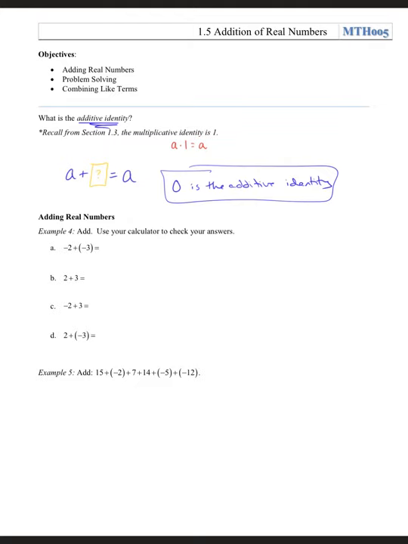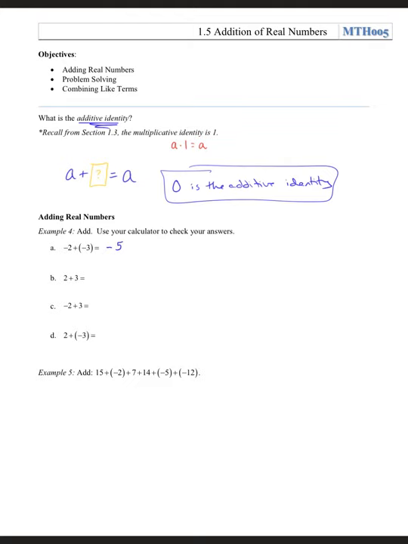So example 4, add. And we say use your calculators to check your answers. We have -2 plus a -3. So we want to think of it as if you're at a -2, you can think of a number line, and you subtract 3 more digits, right? Meaning you're moving to the left, you end up with a -5. Now we're going to go 2 plus 3.